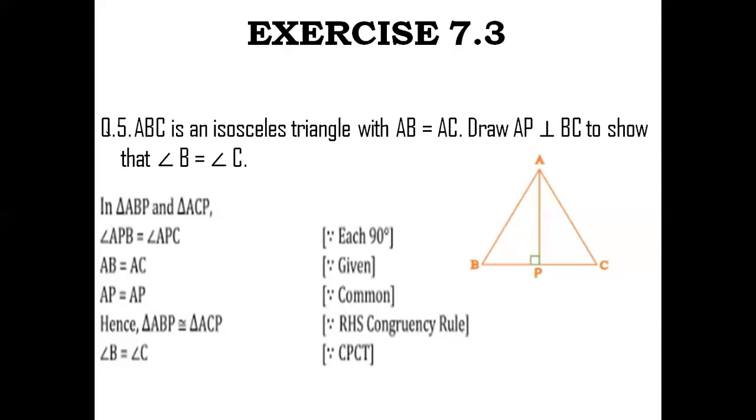If they are congruent to each other, I can easily say that the corresponding parts are equal, such that angle B is equal to angle C. What is the reason? CPCT. What does CPCT stand for? Corresponding parts of congruent triangles. So I hope you've understood the solution to this particular question.